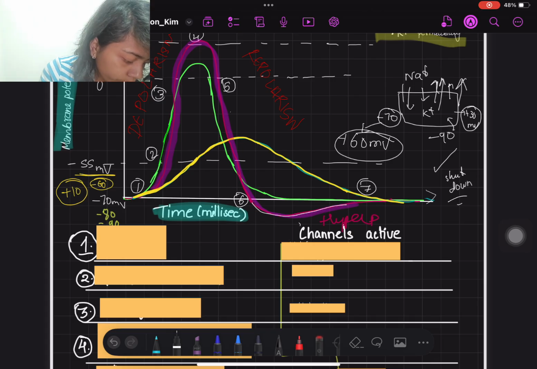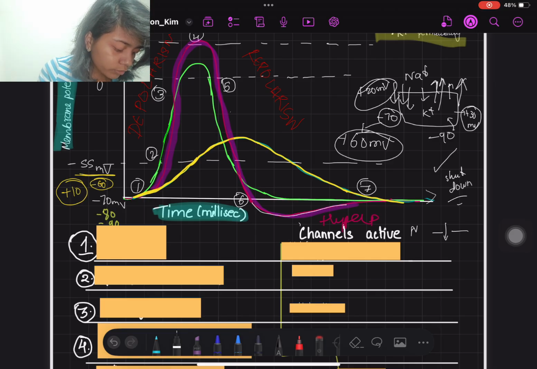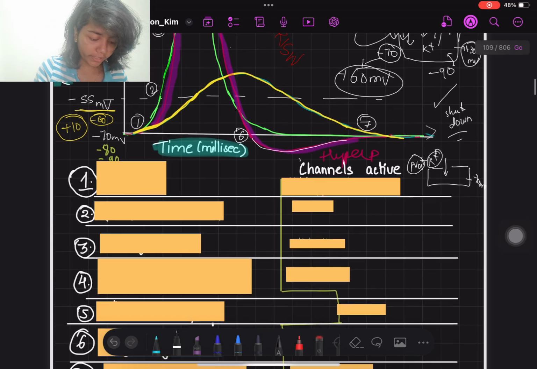So now we need to bring about plus 20 millivolts of positive charge again inside the cell. How will it be restored? By sodium and potassium leaky channels. Sodium potassium leaky channels will cause the influx of these positive ions, and then minus 70 millivolts will be reached.